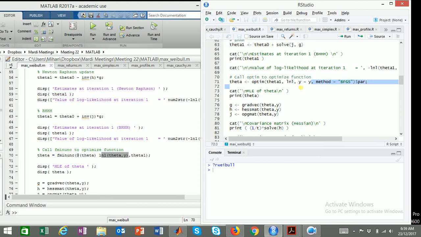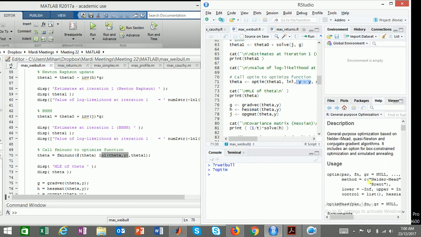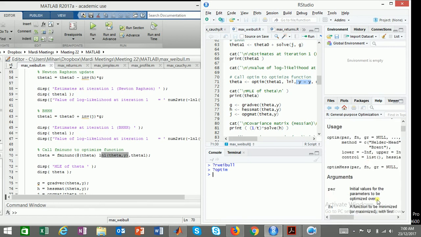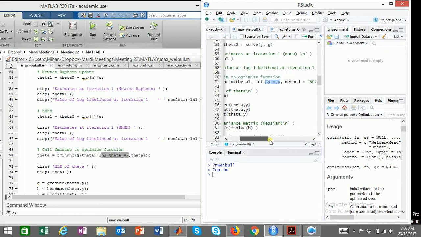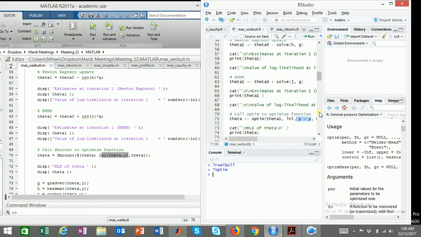Y equals Y, I'm not sure, let's see. General purpose optimization: par, the initial values for the parameters to be optimized over. At par is the initial values.